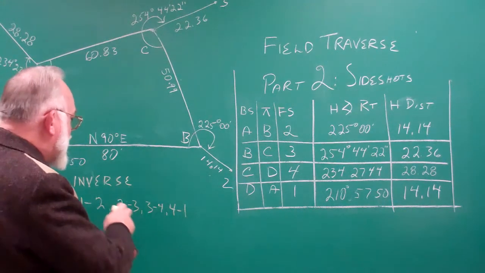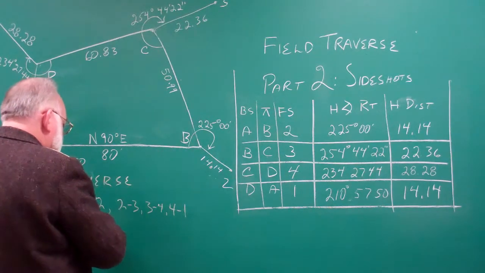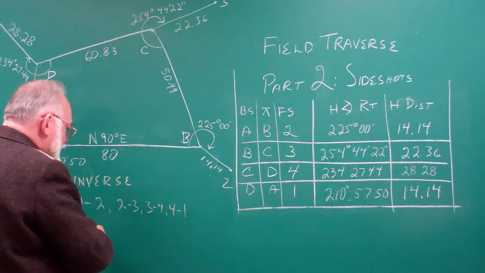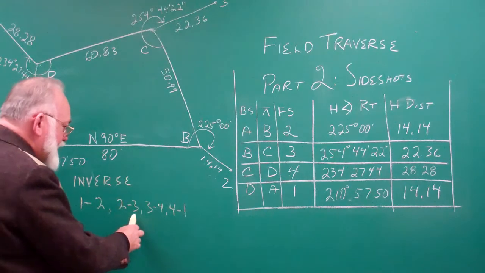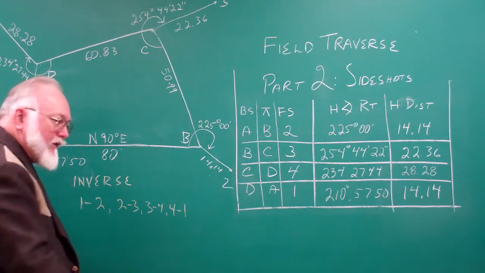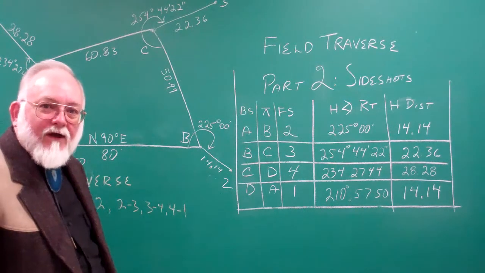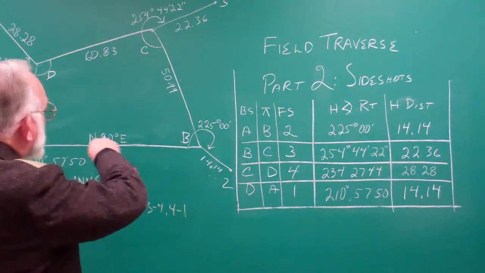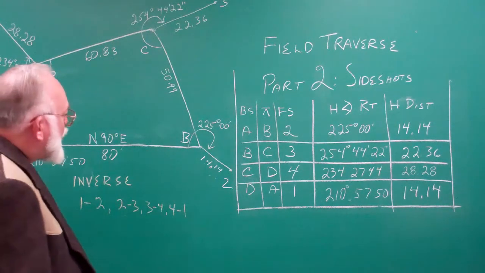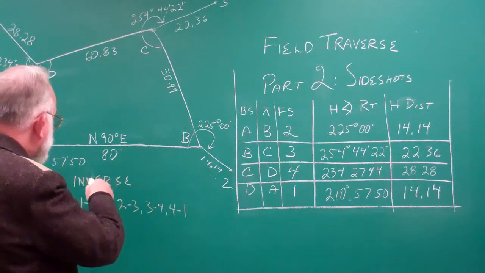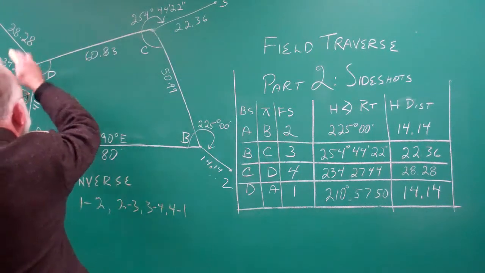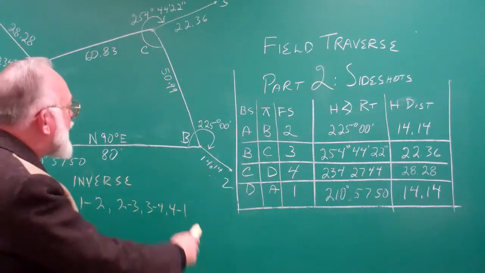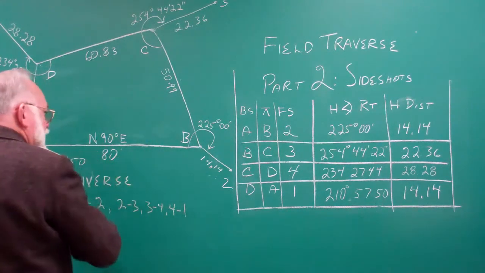Give me the bearings and distances from 1 to 2, 2 to 3, 3 to 4, and 4 to 1, after you have inversed. And we'll see if you did all your work right, you will end up with the bearings and distances for this boundary. That's the whole point of doing a field traverse for a boundary.